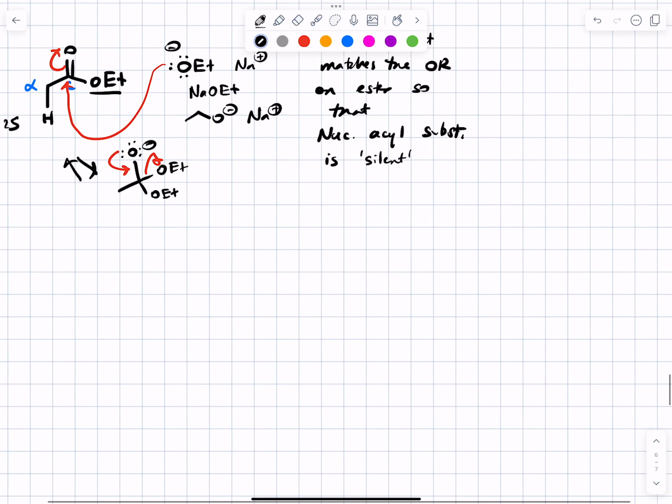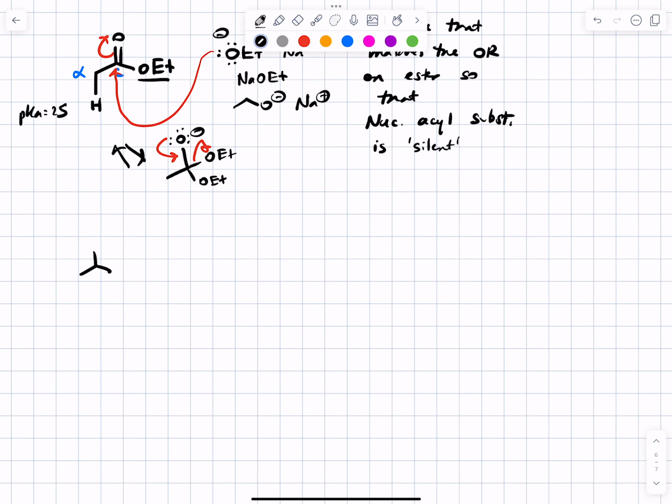All right, with that in mind, let's make the enolate. Again, use of ethoxide as a base with an alpha proton whose pKa is 25 isn't going to make very much enolate at all.